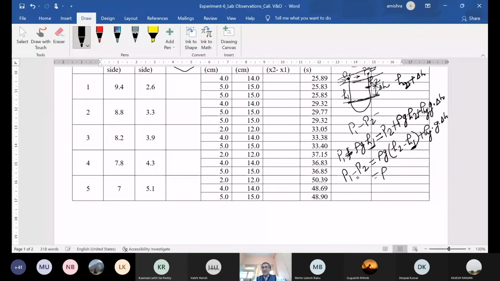So rho g into H2 minus H1, that is H2 plus delta H, so minus delta H, plus rho Hg g into delta H. Now you can find out this as minus rho g delta H, plus rho Hg g into delta H.